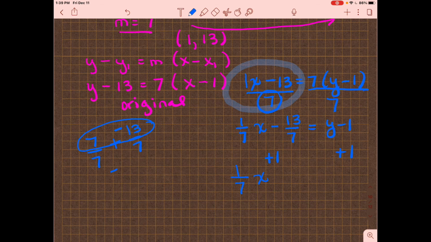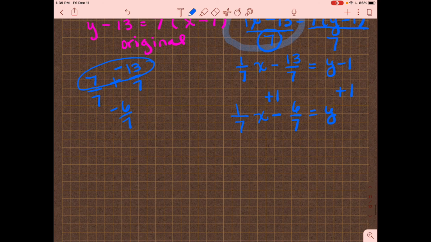So I have negative 6/7, minus 6/7 equals y. Last step is just to be official and rewrite this with our inverse function notation. The inverse function of x equals 1/7 x minus 6/7. And we are done with that problem. We have accomplished what they ask us to do.